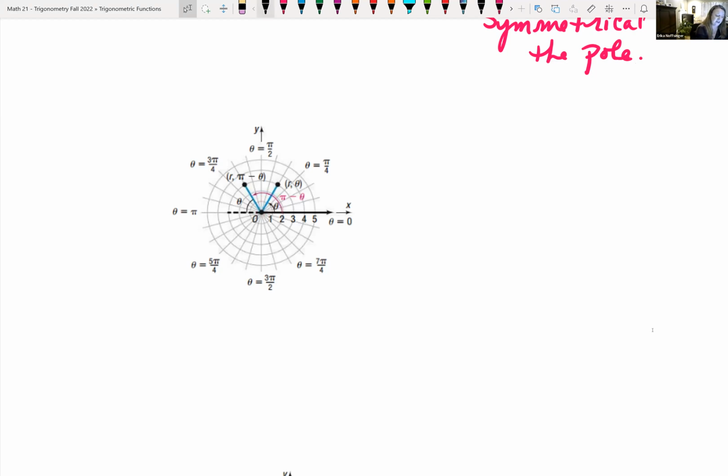But that y-axis, from our pole, is sweeping out pi halves. So it's symmetrical across the line theta equals pi halves.